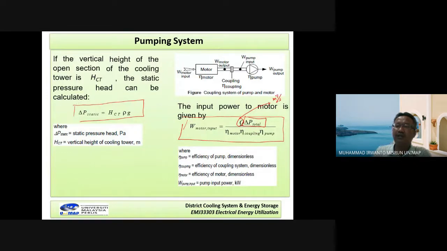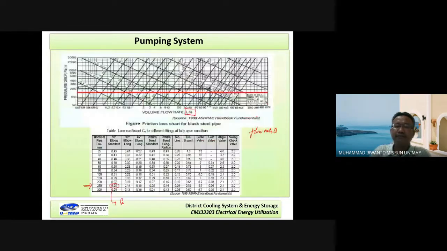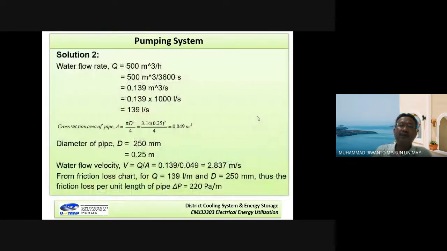Remember, SI, all SI. We have 500 meter cubic per hour. Remember, 1 hour equals 3,600 seconds. So we obtain the flow rate in meter cubic per second as 0.139.